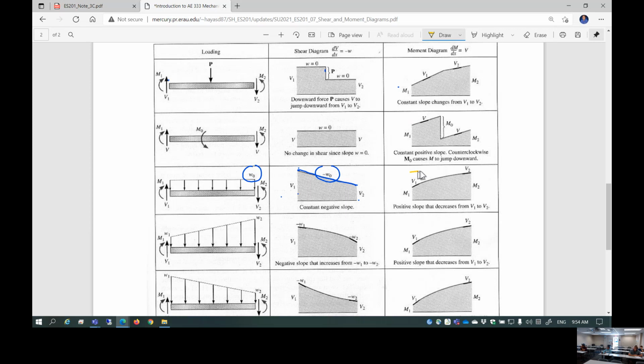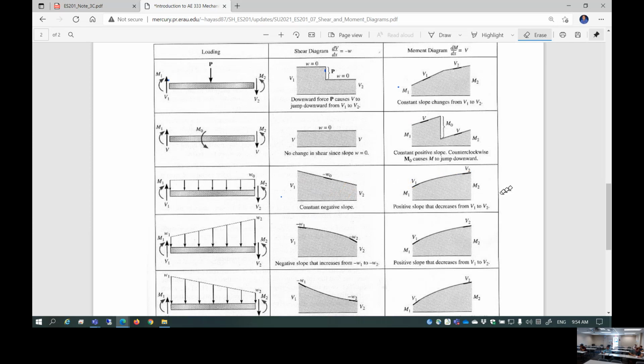In other words, if you're interested in, okay, what is the delta M here? Well, the moment changed from M1 to M2. How much is delta M? Of course, that's the area here. This area is this delta M. You can find out that kind of stuff, okay? So that is the presence of uniform distributed loading.